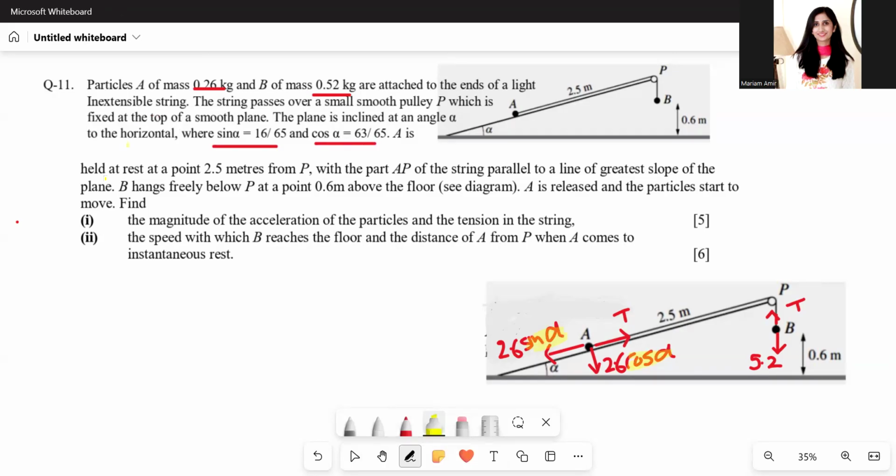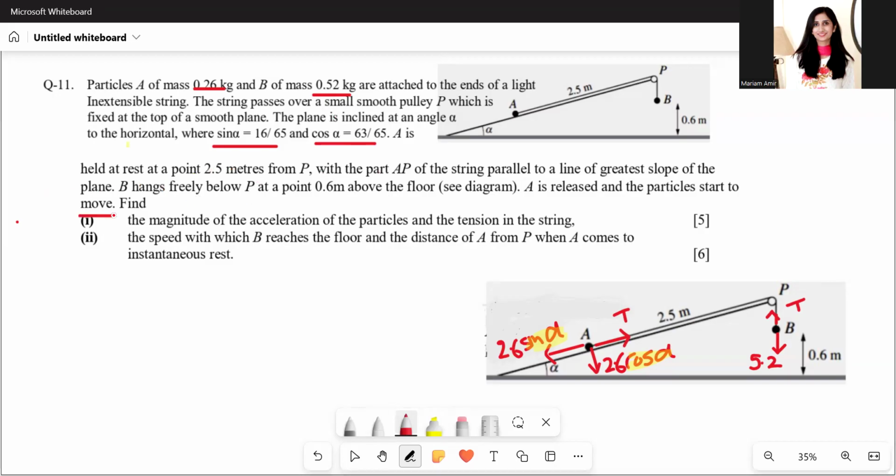A is held at rest at a point 2.5 meters from P, with part AP of the string parallel to the line of greatest slope of the plane. B hangs freely below P at a point 0.6 meters above the floor. A is released and the particles start to move. If the particles move, there will be acceleration in the system. Find the magnitude of the acceleration of the particles and the tension in the string.